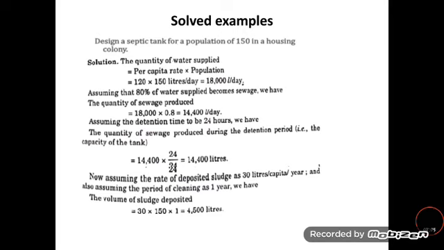So the volume of sludge deposited per year is 30 liters per capita per year, multiplied by the number of persons and the number of years. Here we take 1 year, so we get 4,500 liters. This is the volume of sludge deposited.